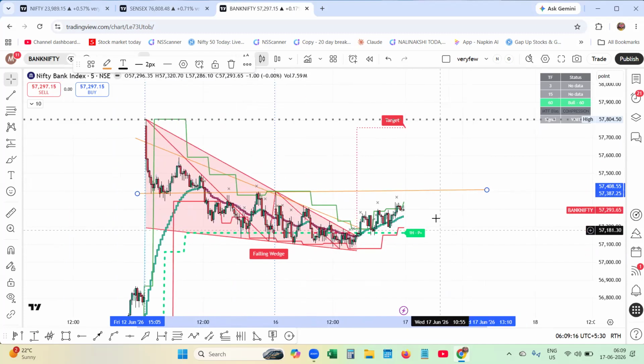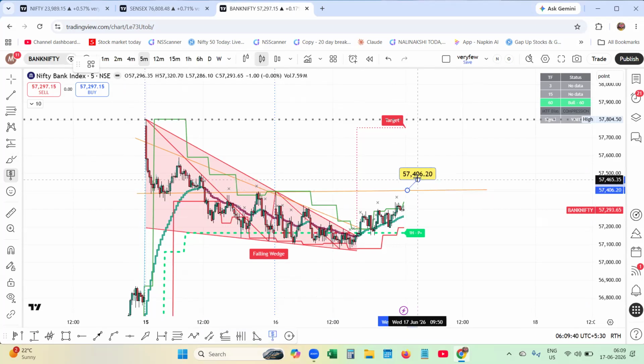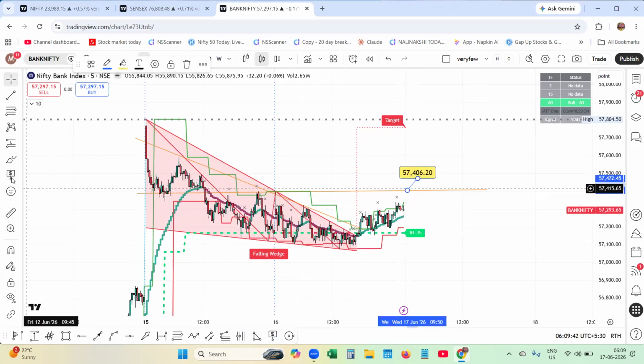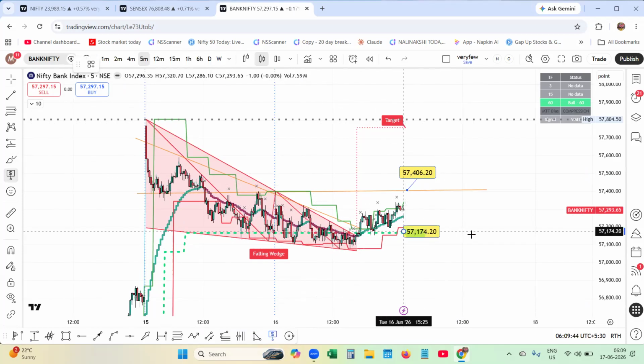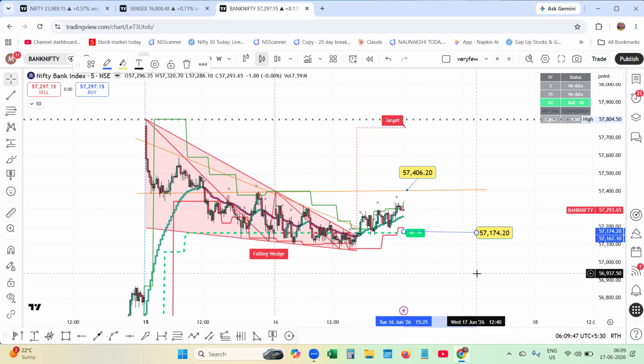So Bank Nifty is also poised for an up move, and the support for the Bank Nifty is 57,200. The immediate resistance is 57,408. Let me put this 57,000. Why is it not picking up? 57,406, and immediate support is 57,174.